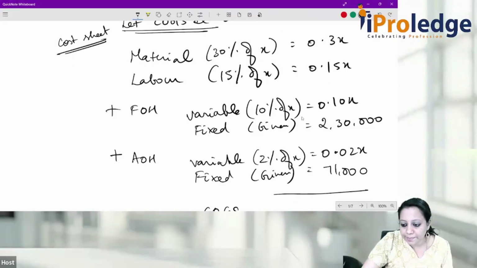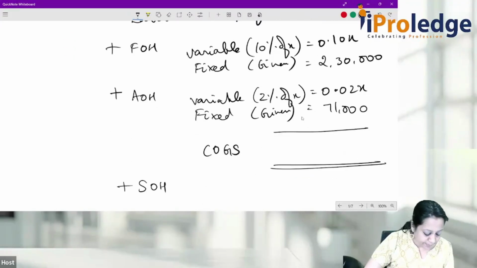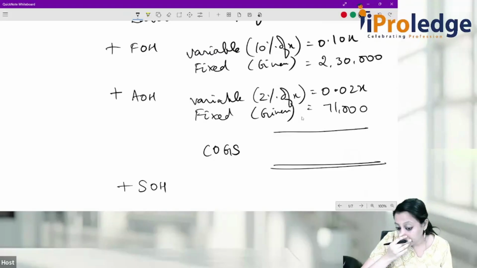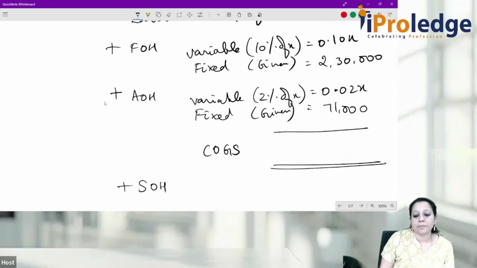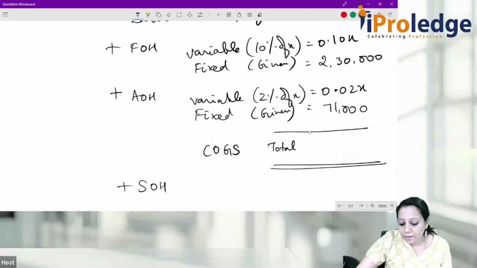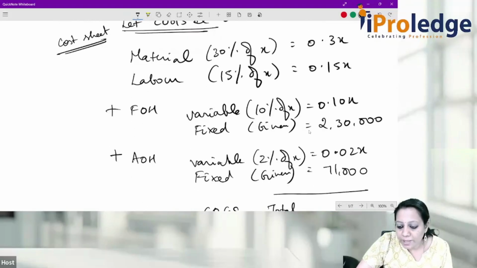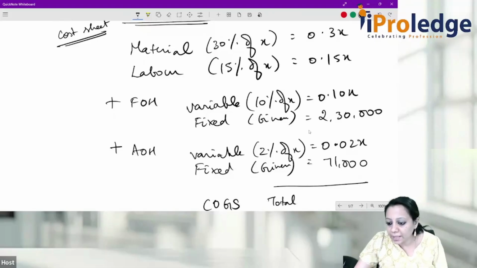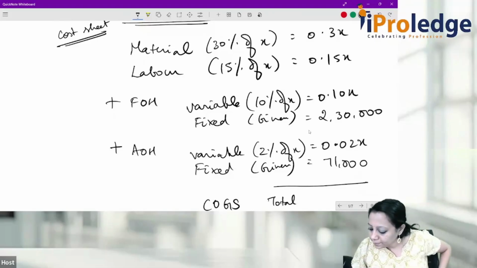Up to this, can you all tell me how much we are getting? Add all the X: 30, 15, 10, 2.